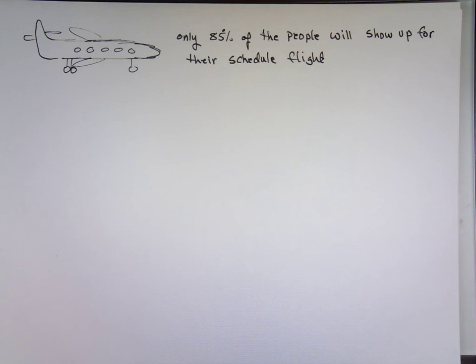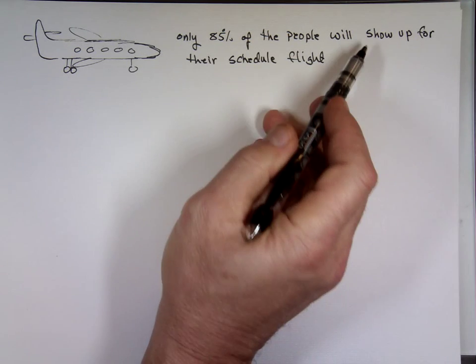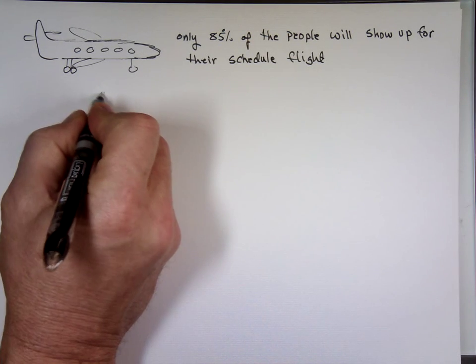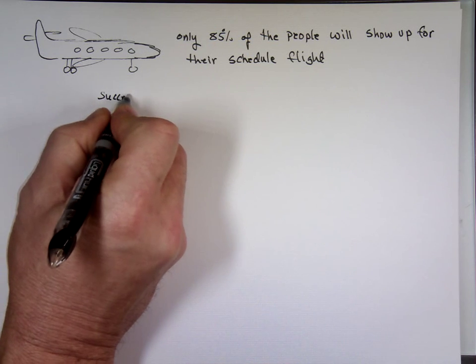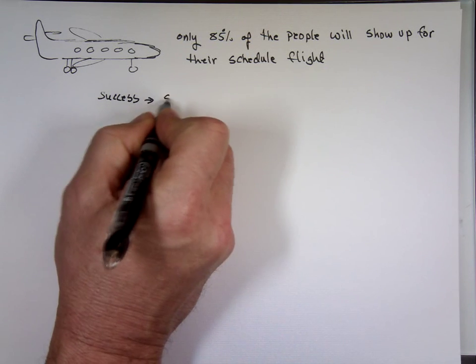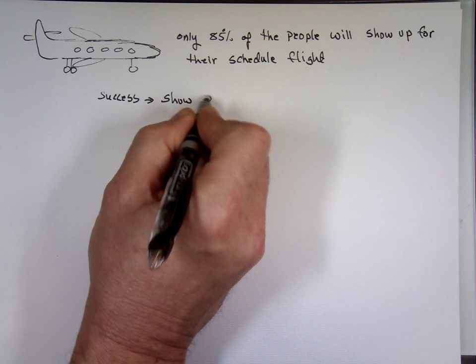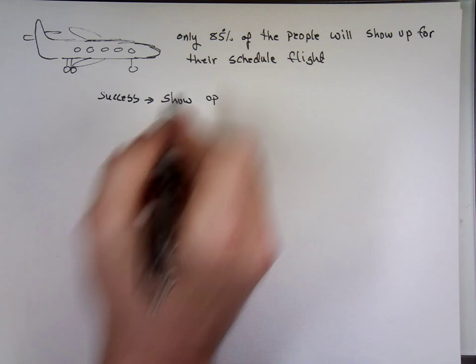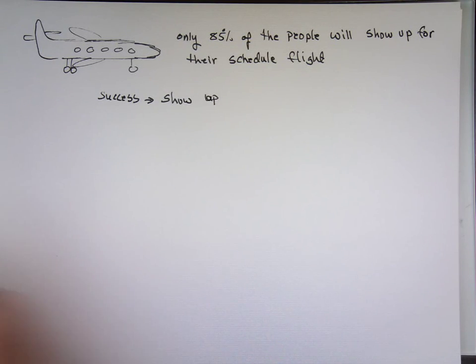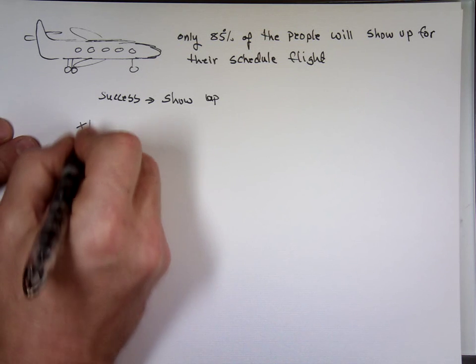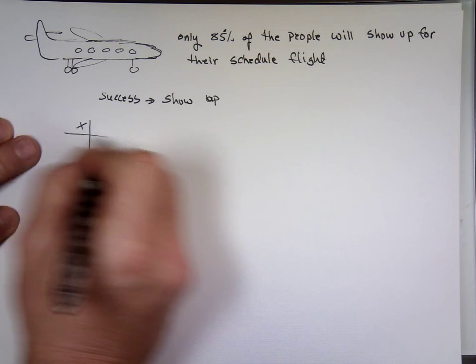So let's see what happens here. If you have 10 seats, we're going to define success as people showing up for their scheduled flight. So how many people could show up for their flight? It could be 0 of them.